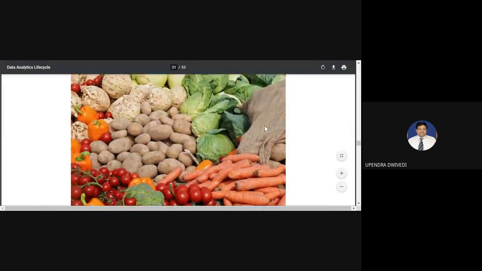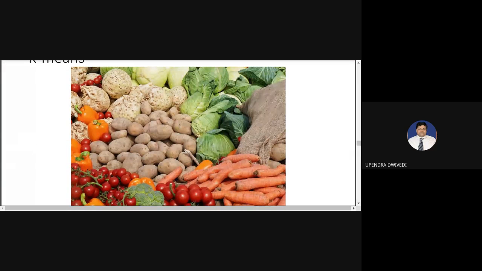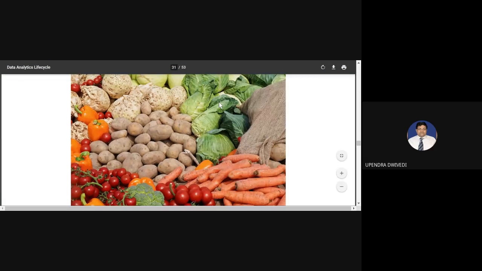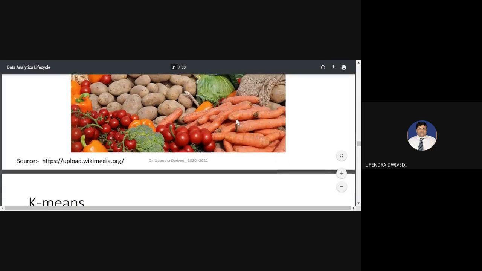Based on the above picture, it is quite feasible, by using the clustering method k-means, to identify similar groups of objects, and we can identify the vegetable from the group of vegetables.